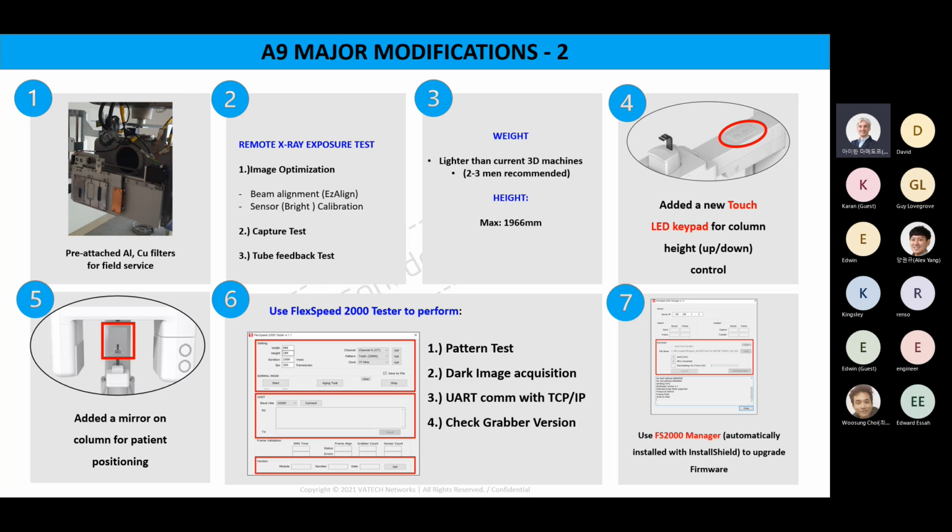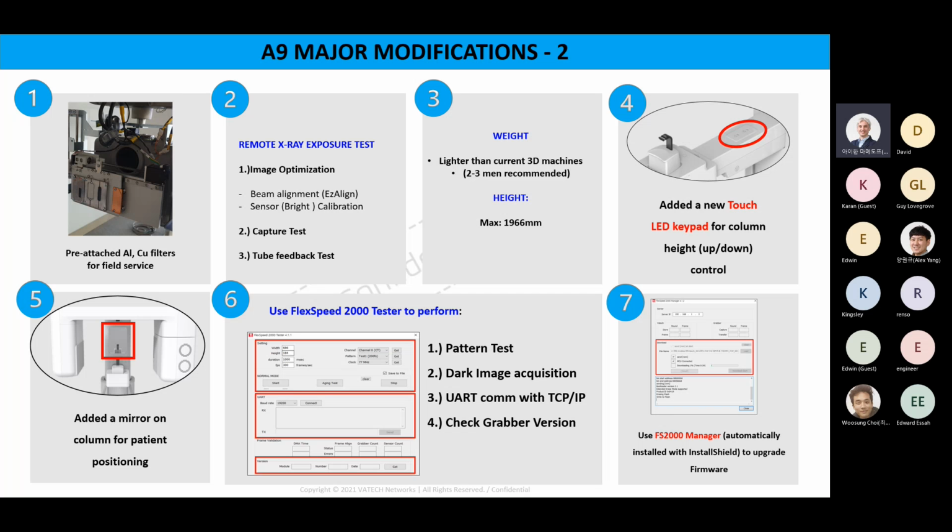So also the last one, we have this FS2000 Manager. Please see the difference between the FlexSpeed 2000 Tester and the Manager. All right, the Tester is for these functions, and the FS 2000 Manager is for upgrading firmware. You can use this program to upgrade firmware.